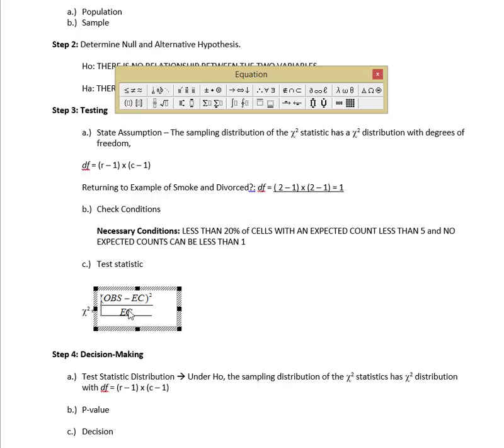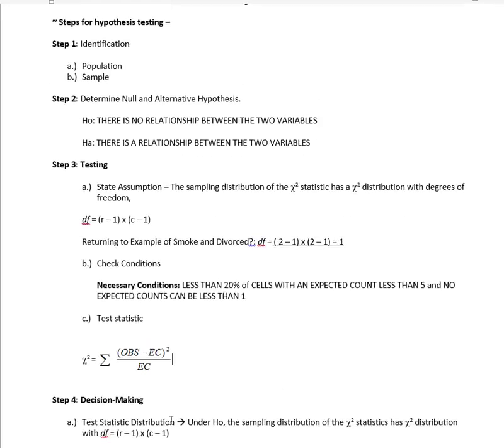After you have done that for each cell, you will sum all of those values. So you will do the observed minus the expected for a given cell, squaring that difference, and then dividing by the expected count for that cell. After you have done that for each cell, you will then add all of those values up.